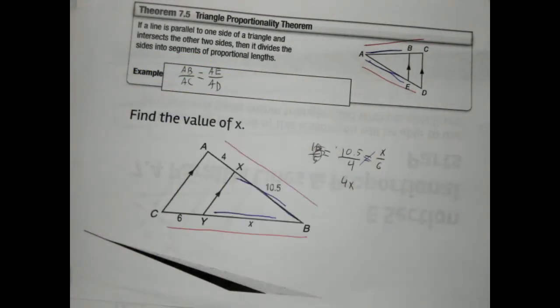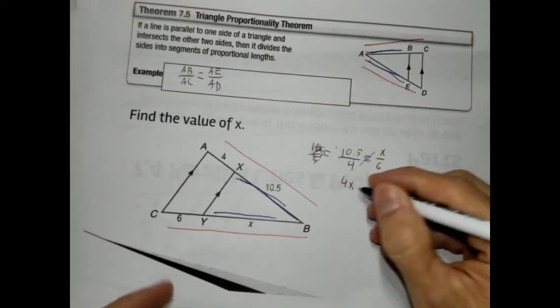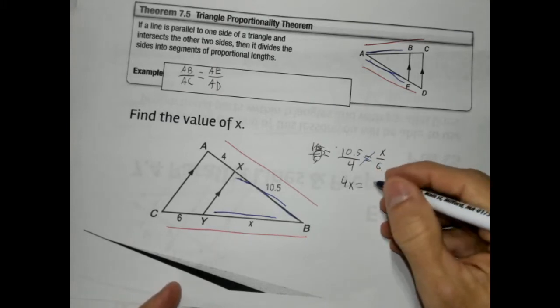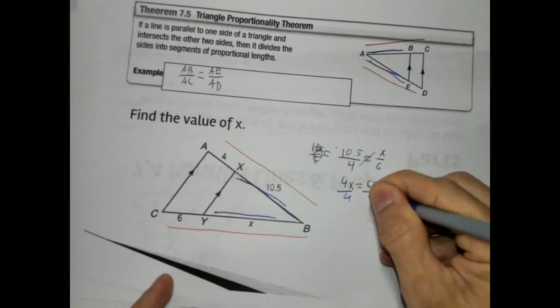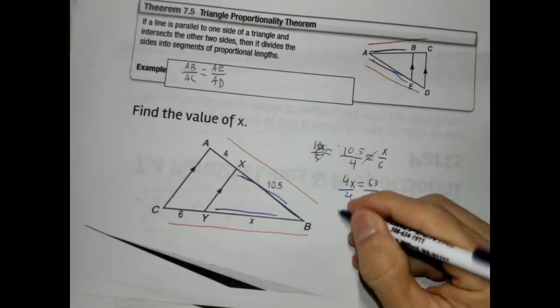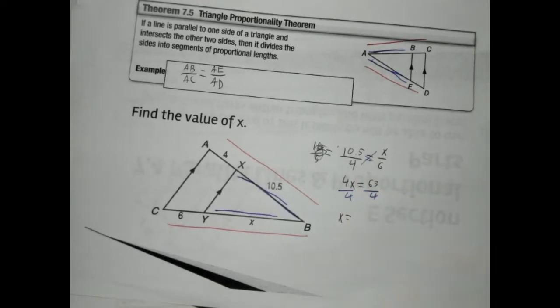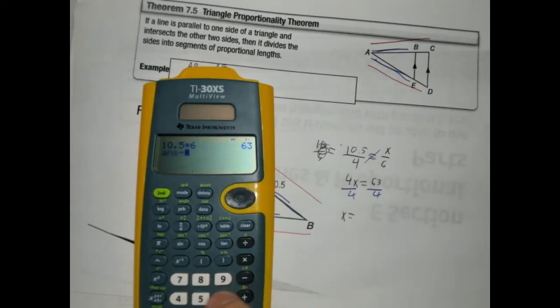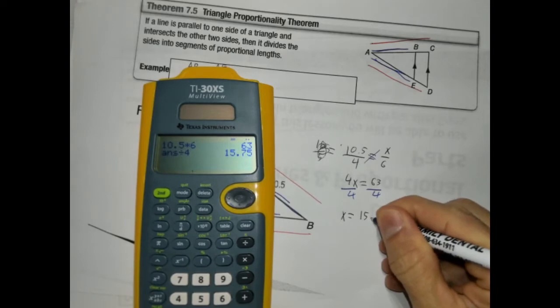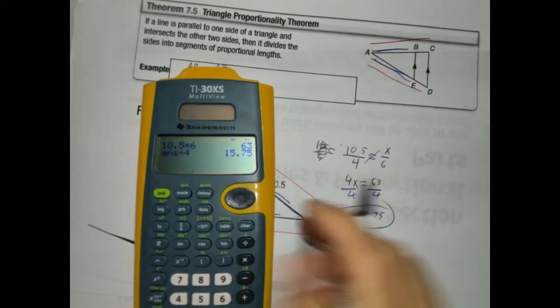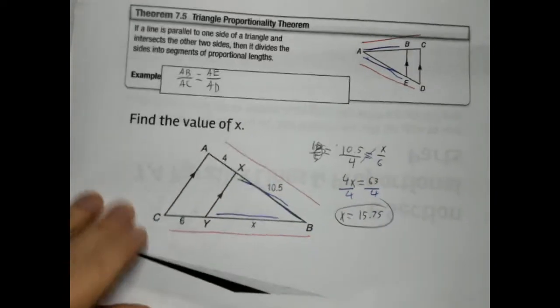It's always good to check when you're doing these; you don't want to make an arithmetic mistake here. 63, we're going to divide by 4, and x will equal 63 divided by 4, which is 15 3/4. Okay, there we go. So next one.